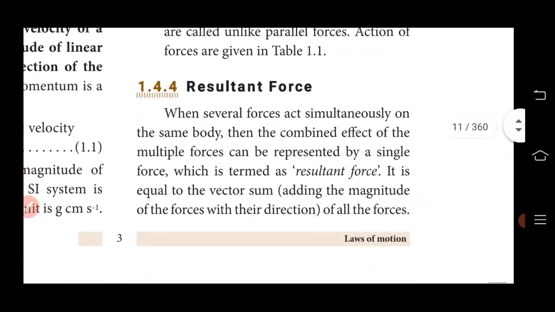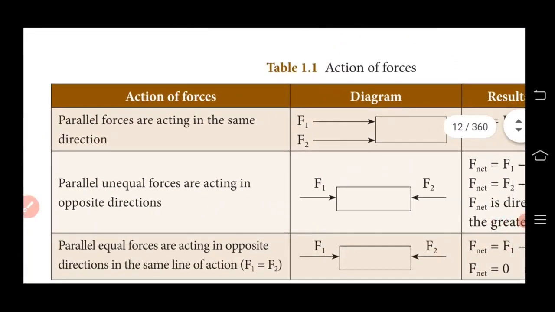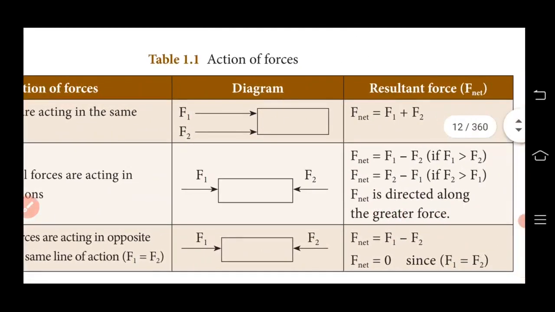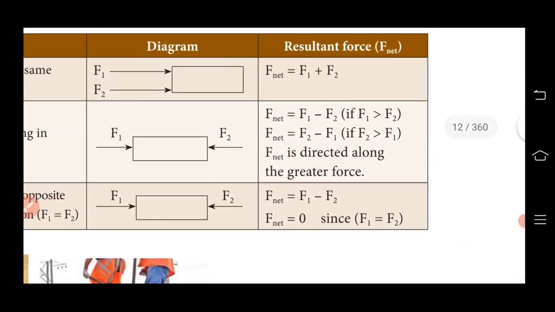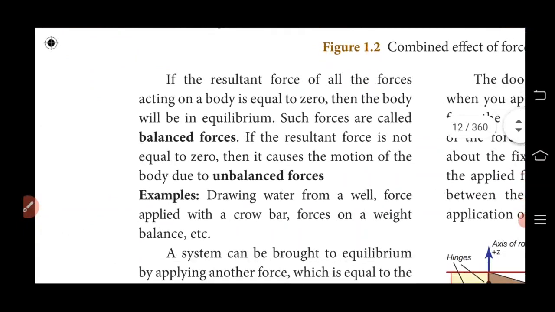Also we learn about resultant forces, action of forces, how to calculate the resultant force, F net total force, and what is meant by balanced force and unbalanced force. Balanced force and unbalanced force are very important topics.